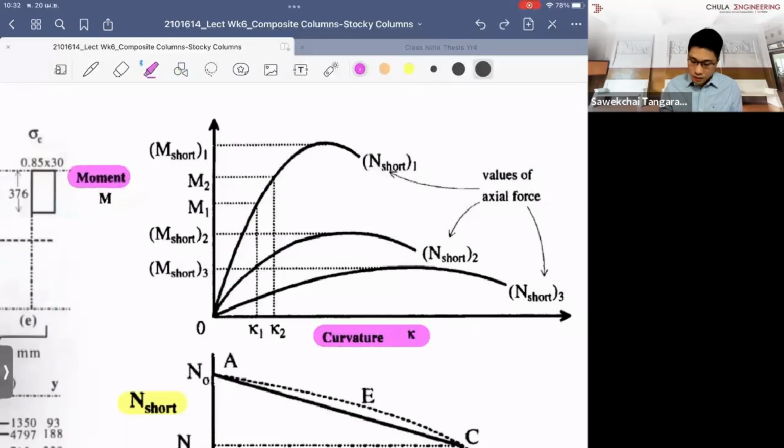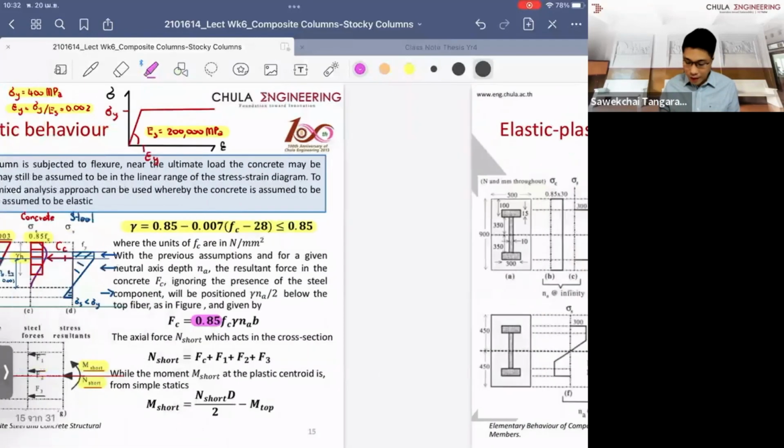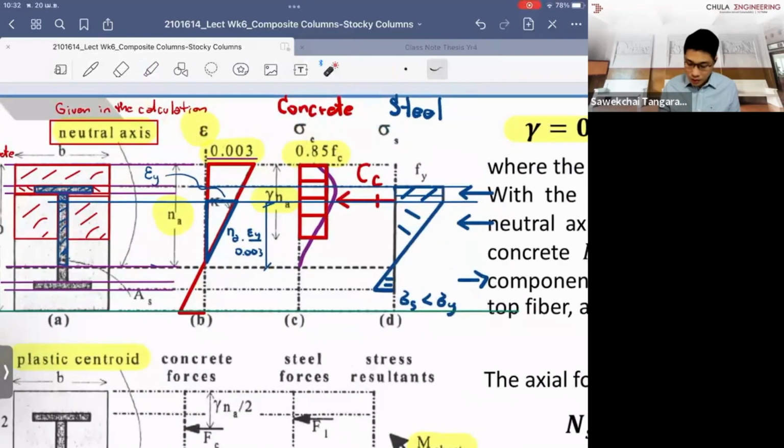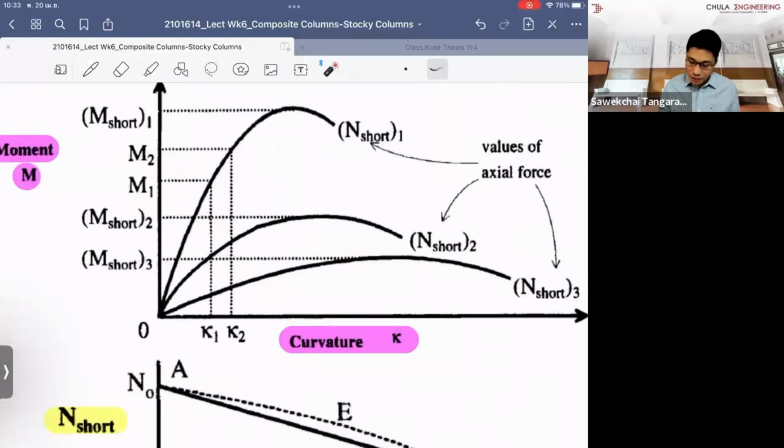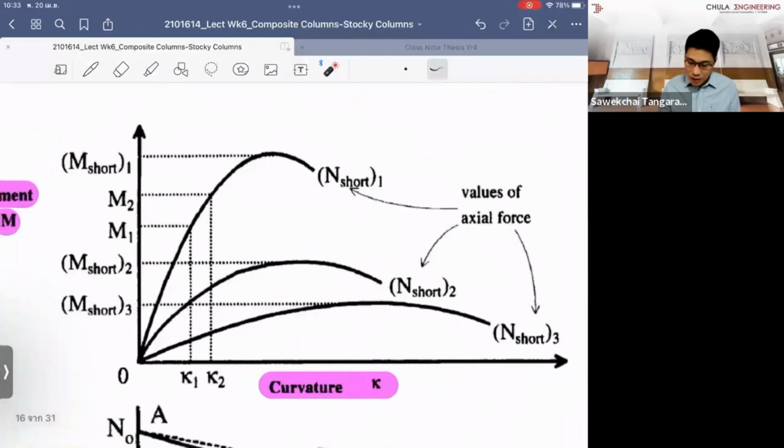When we run the stress analysis by changing the value of the curvature, which is the angle of rotation, we start from 0 and keep rotating about the neutral axis, which we fix. The more we rotate before it reaches the ultimate, the more the bending and axial force capacity keeps increasing. So that's why we can plot the graph for each neutral axis.